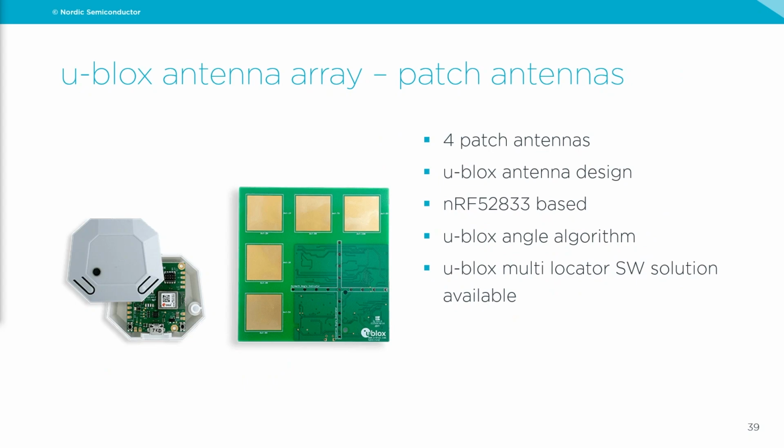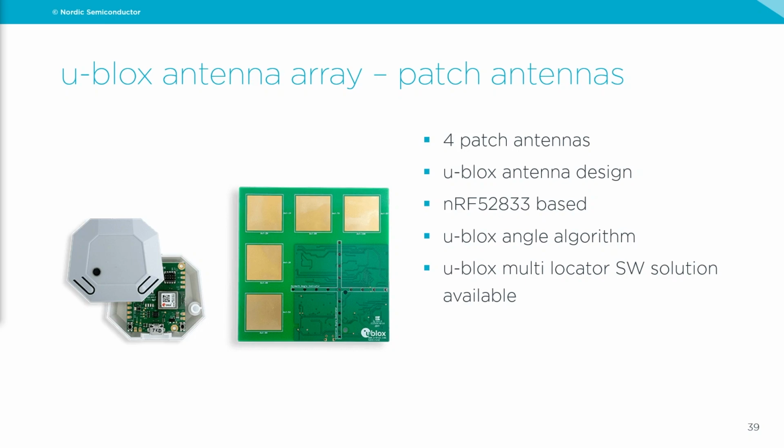We also have support from u-blox. u-blox has a couple of different antenna arrays which they use with direction finding. They are smaller. They have a 4-patch and a 5-patch antenna solution. This is a design they do in-house.